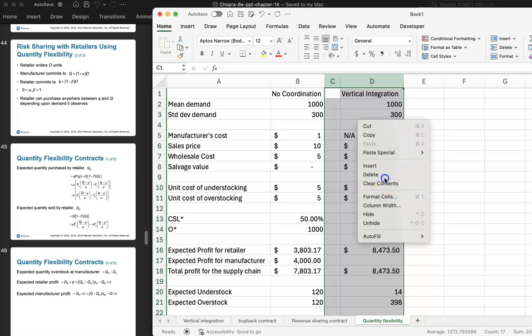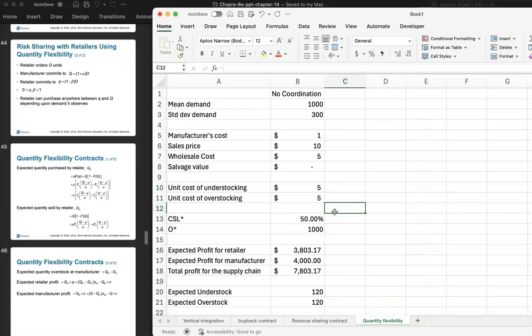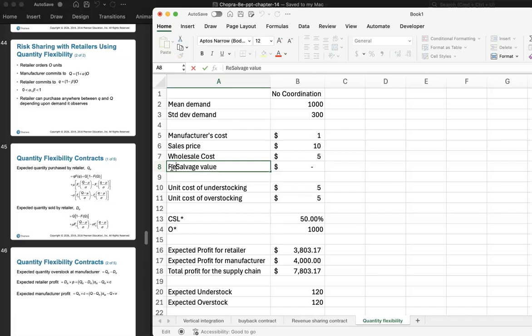We'll come back to this later. So we have manufacturer's cost, sales price. This will be retailer's salvage. And then we'll have manufacturer's salvage. Right, so we need that number.